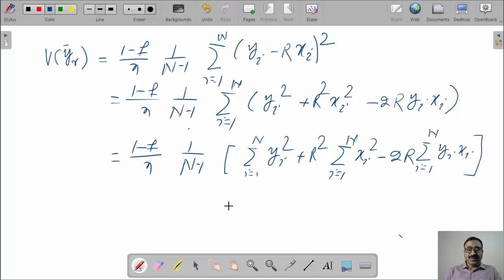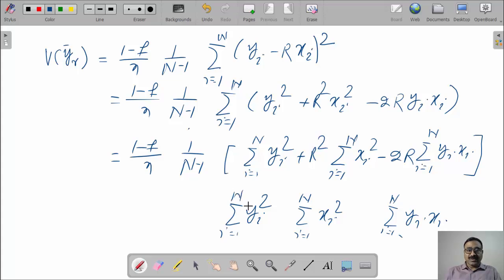So we have to compute summation yi square, summation xi square, and summation yi xi, i equal to 1 to n, so that this formula can be used for calculation of the variance of y bar very easily.